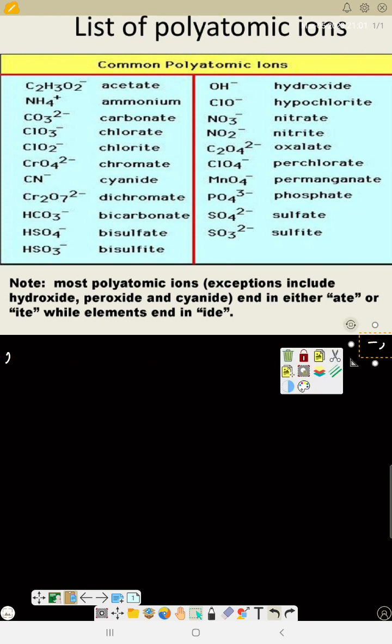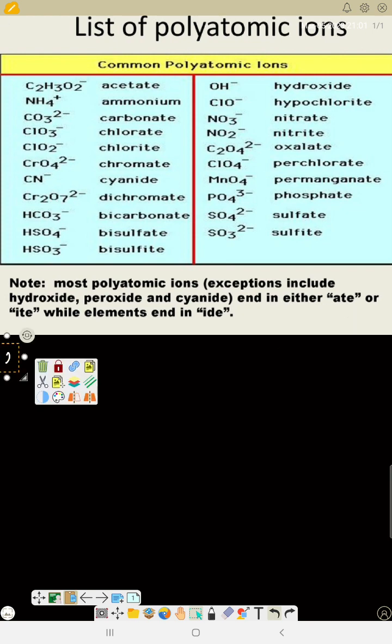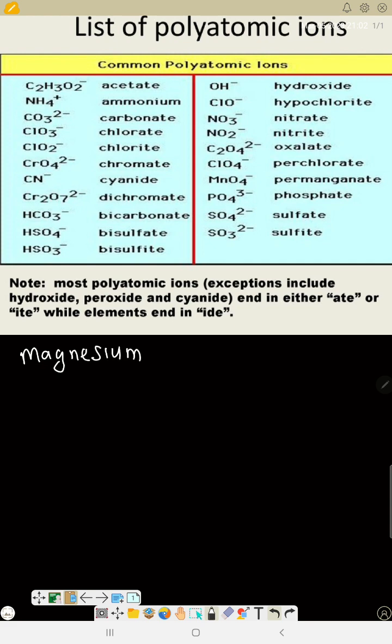So you will see that this part depends on the polyatomic ions. So you have to know this list often. So now let's say we have magnesium phosphate.